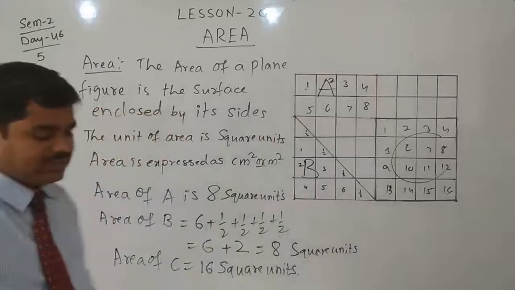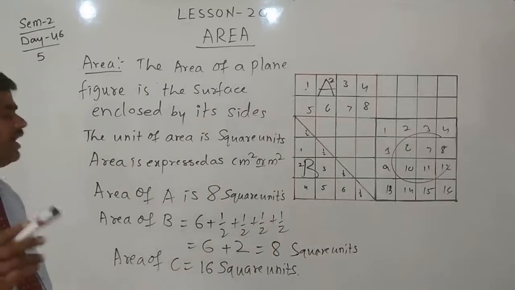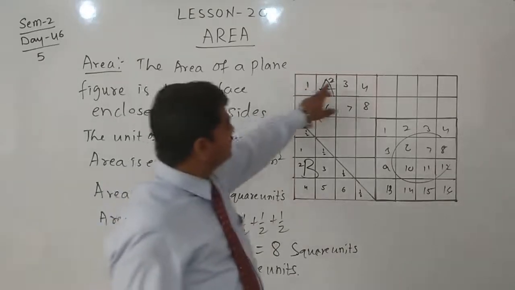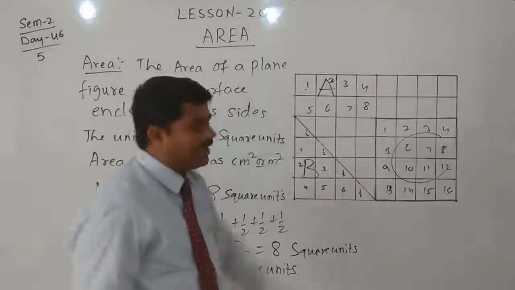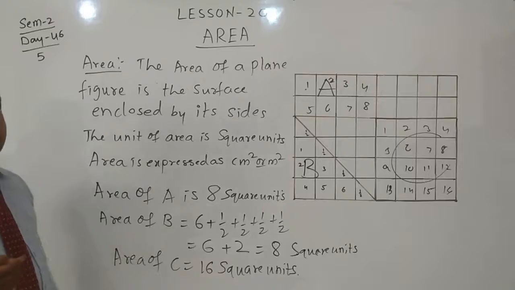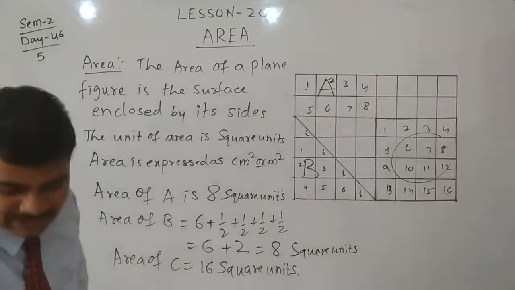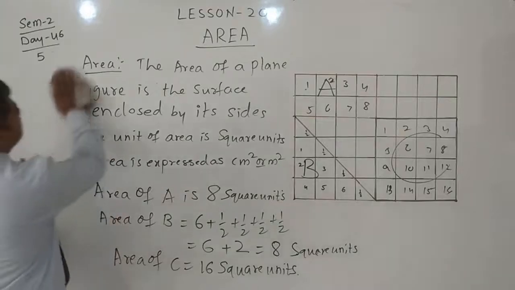We can find these areas using a formula. Here we are counting the square units, yes or no? Instead of counting the squares, we have the formula. If they give the length, using that formula we can find the area of a square, rectangle, and triangle.